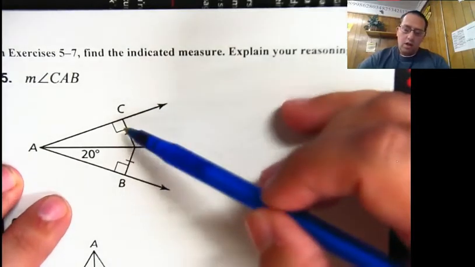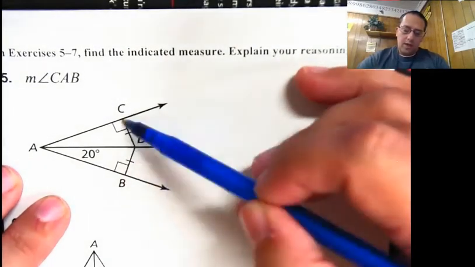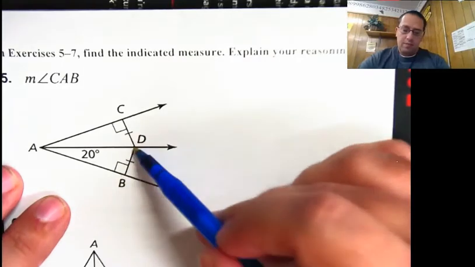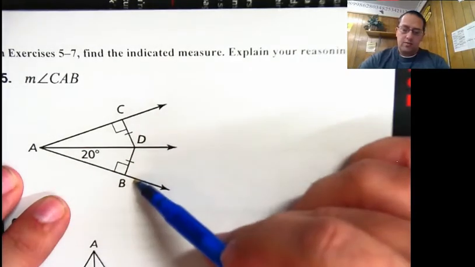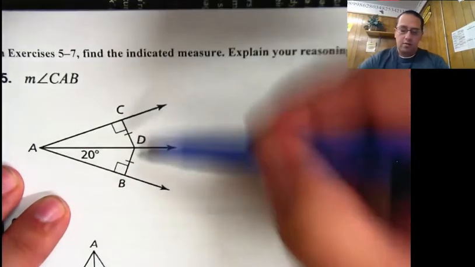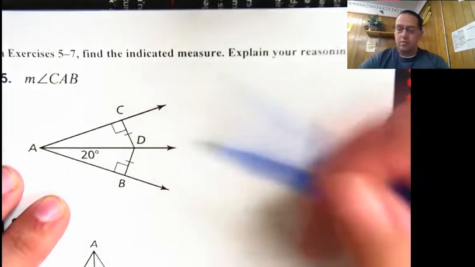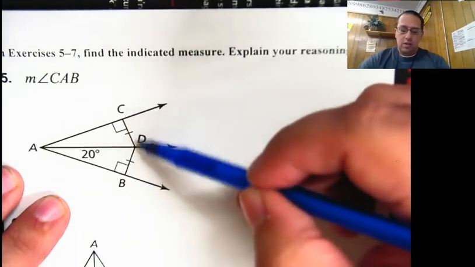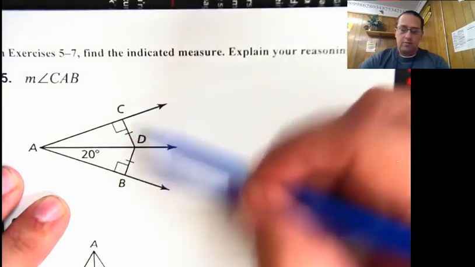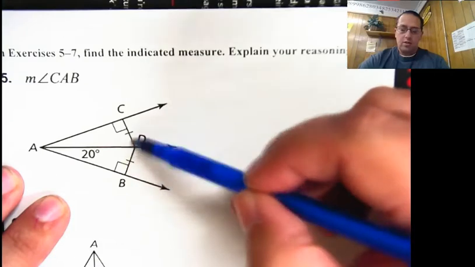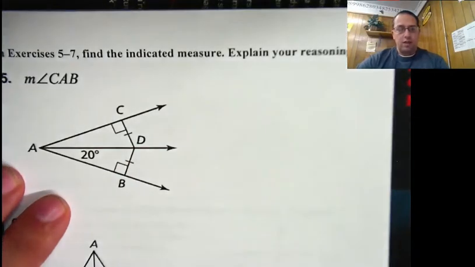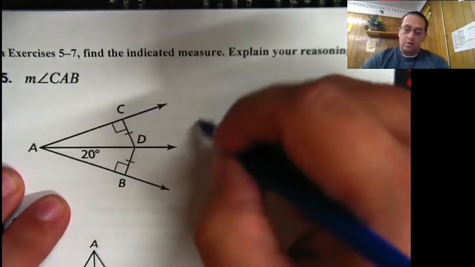Well, we have right angles here, which means that BD is the distance from this side of the angle, CD is the distance from this side of the angle, and so D is the same distance from both sides of the angle. So if it's equidistant from both sides of the angle, it is on the angle bisector.